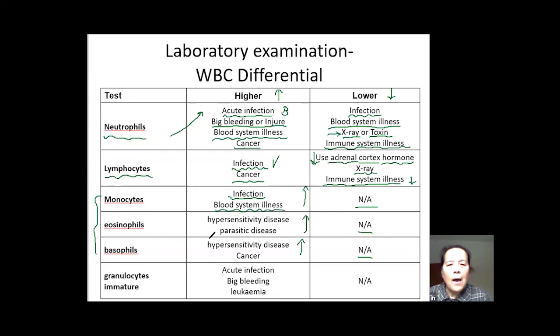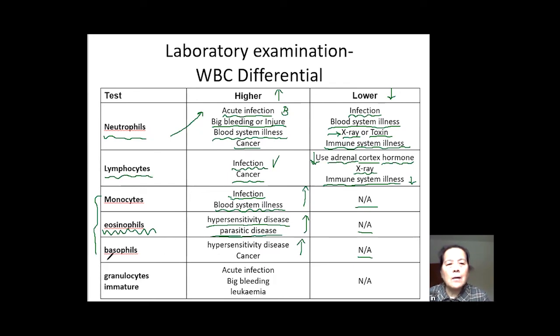And another one, basically we're talking about hypersensitivity illness, allergy. So when there are allergic reactions, this kind of white blood cell number will increase. Also, if a patient has parasites inside the body, the number will increase.